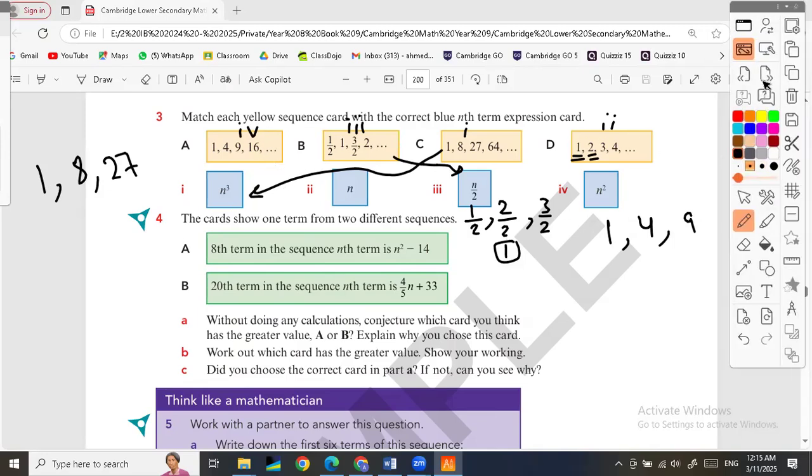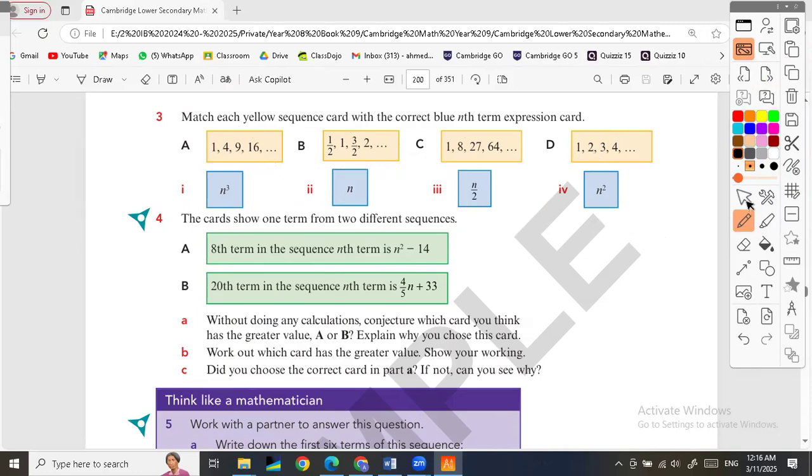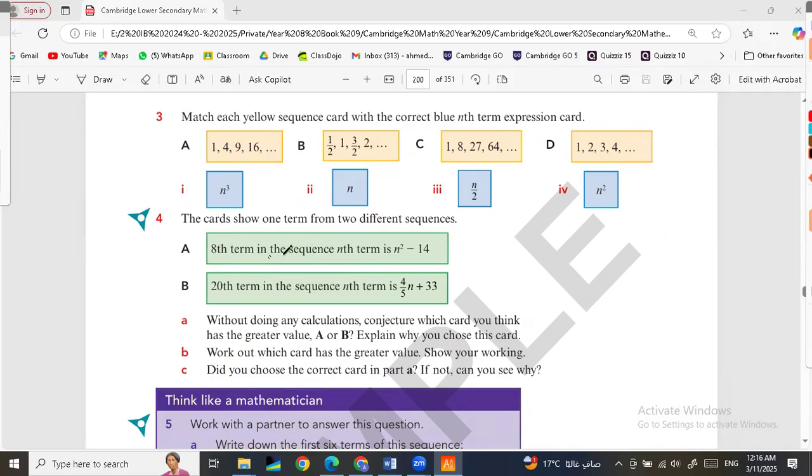All right, so let's continue here with the following sequence. Look at this here. They're saying the cards show one term from two different sequences. The eighth term in the sequence, where the nth term is n squared minus 14.